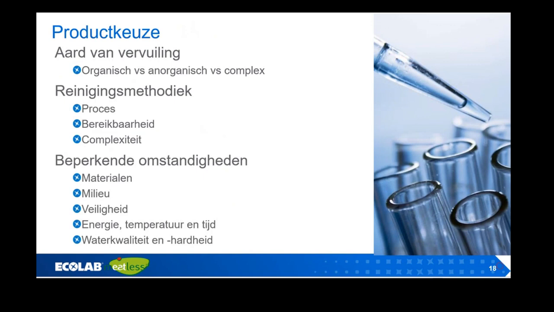The method to clean also depends on the process. Is it, for example, a CIP cleaning? The blancheur, for example, is a CIP cleaning. Or is it manual, just surface cleaning? That's also important to know, how you're going to clean something.